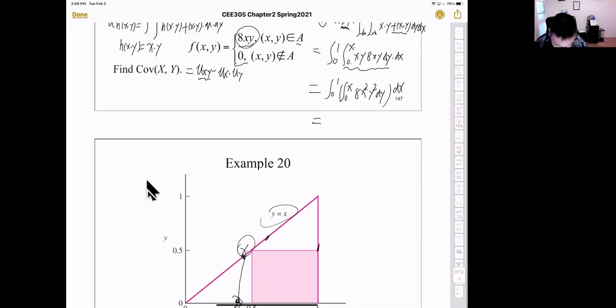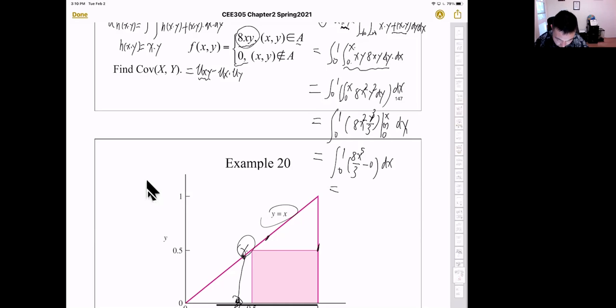For the inner part, it will become 8x squared, treating x as the variable, integrated over all possible y between 0 and x. That gives 8 over 3 times y cubed, so when y equals x, it becomes x to the power of 5, minus the value when y equals 0, which is 0, dx.